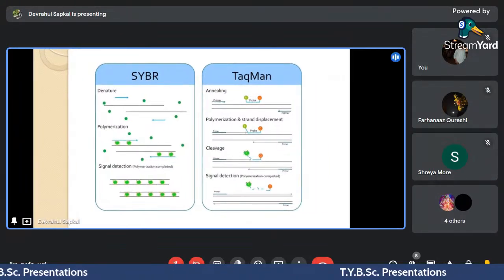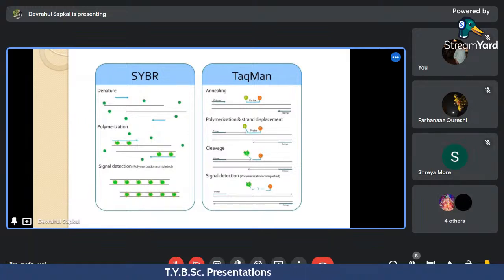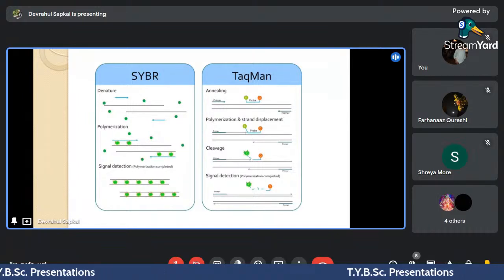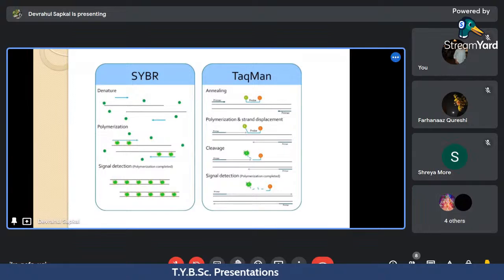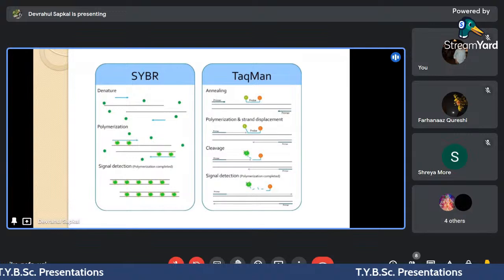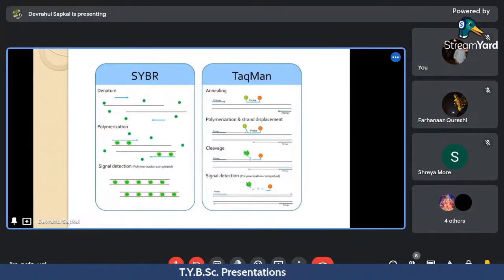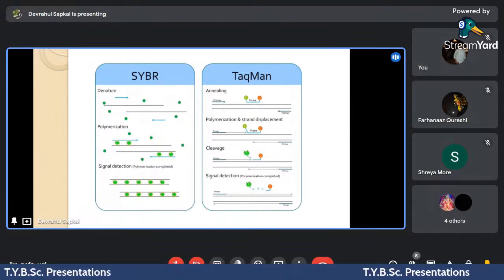Another is TaqMan. TaqMan is a probe. It is a hybridization probe which bears a reporter dye at the far end. Under normal conditions, the probe remains coiled on itself, bringing the fluorescent dye near the quencher, which inhibits or quenches the fluorescent signal of the dye.